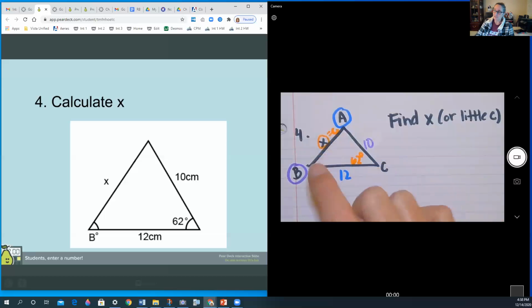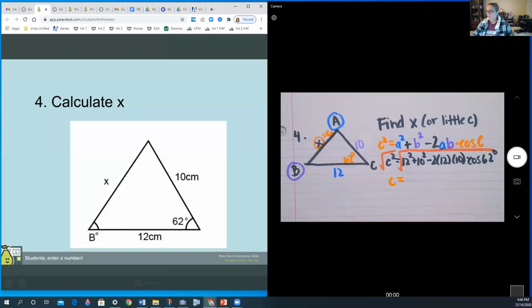So I'm going to use the c squared equal formula for law of cosine. So c squared is equal to a squared plus b squared minus 2ab times cosine of angle c. And so then I put in my values for my a squared, my b squared, my minus 2ab times cosine of angle c.